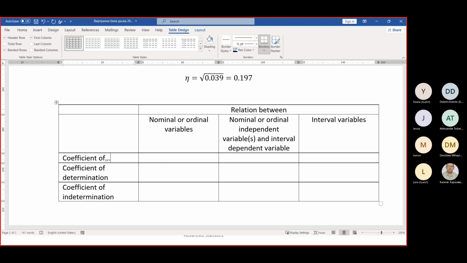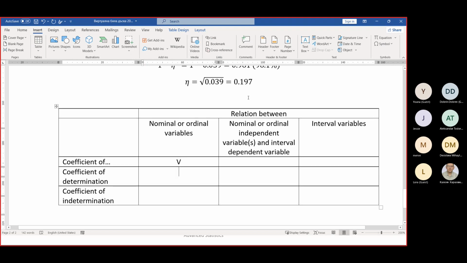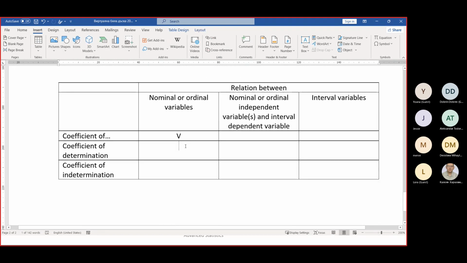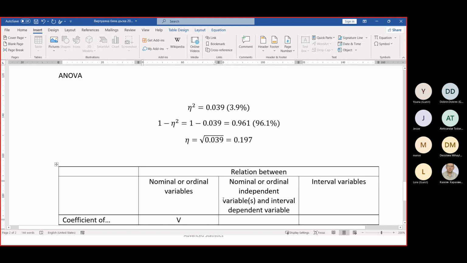And in the first column, we have Cramer's V, and coefficient of determination is V squared. This is coefficient of determination. And coefficient of indetermination is 1 minus V squared.